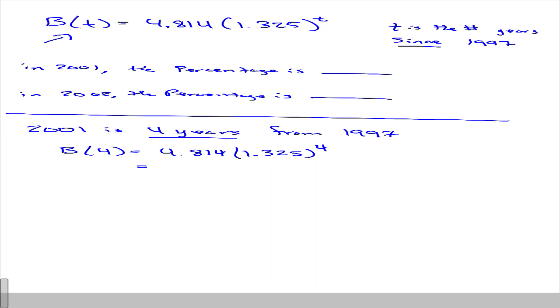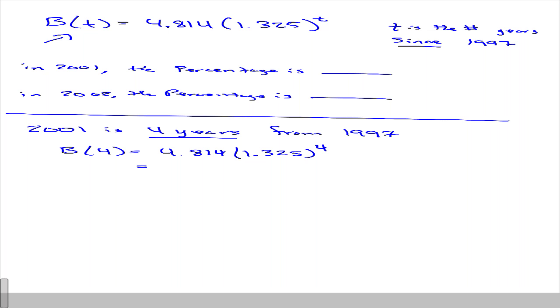So as we discussed just a second ago, we want to figure out what percentage of executives are receiving bonuses in 2001. Now, 2001 is 4 years away from 1997. So since it's 4 years away, that's why we would put 4 in place of t.